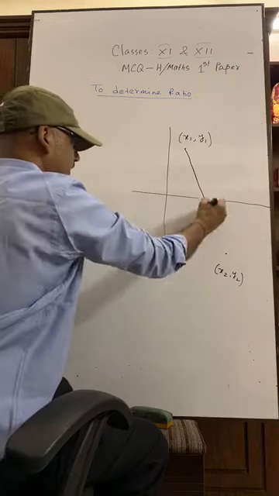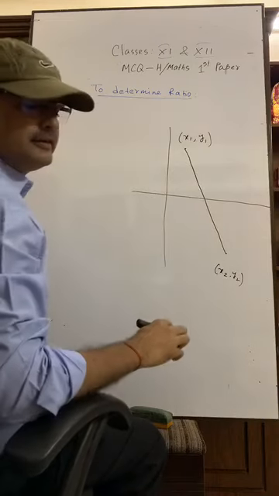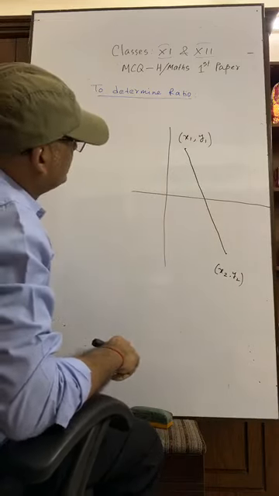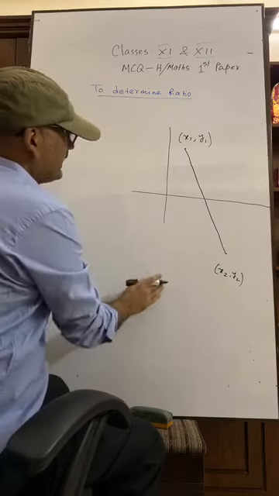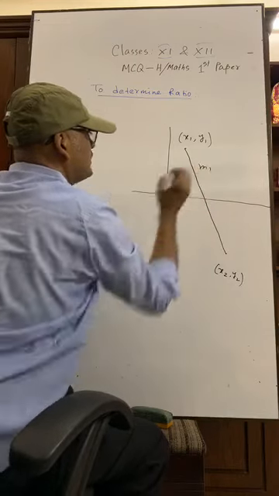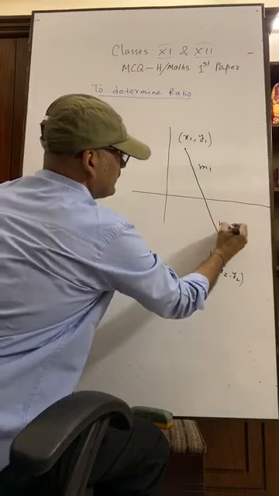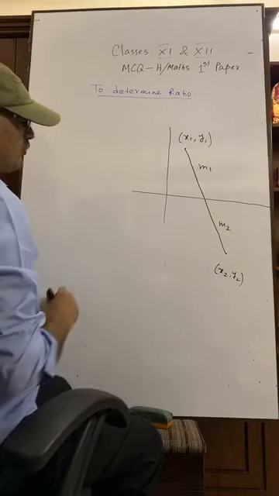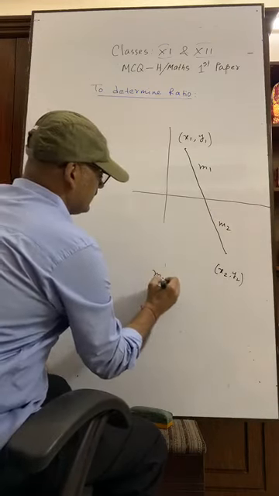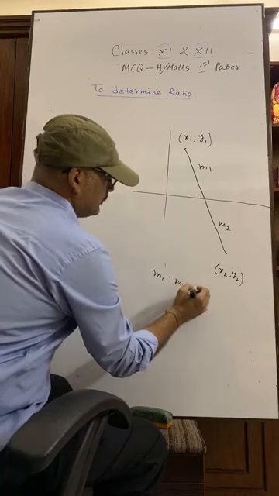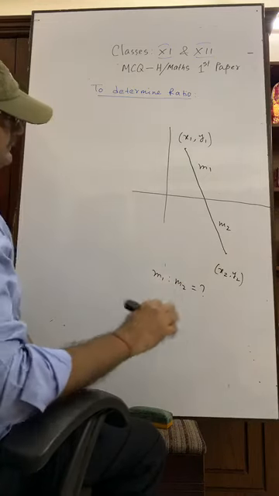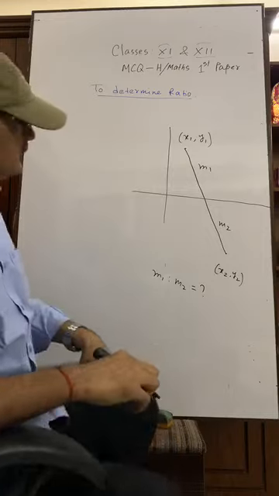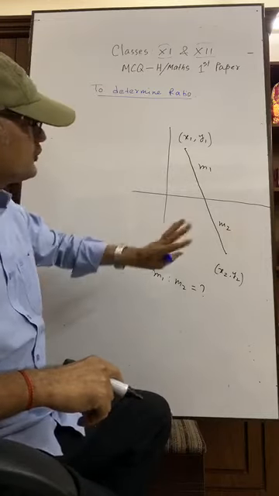We find a straight line by joining the points. And here we have m1, suppose it is m1 and this is m2. We have to find m1 is to m2 equals what? We have to determine m1 is to m2.